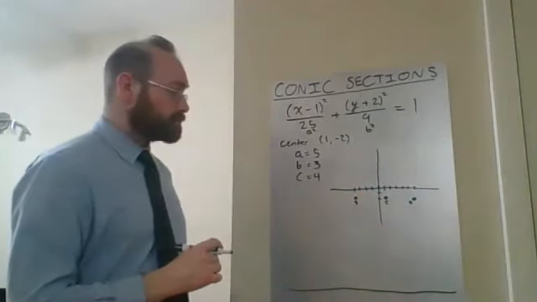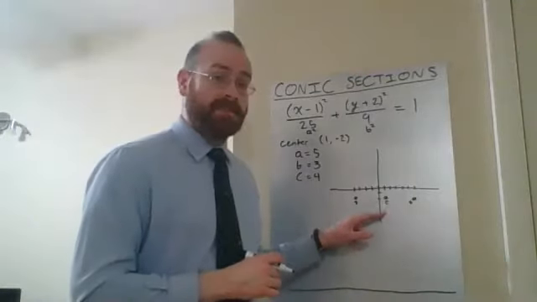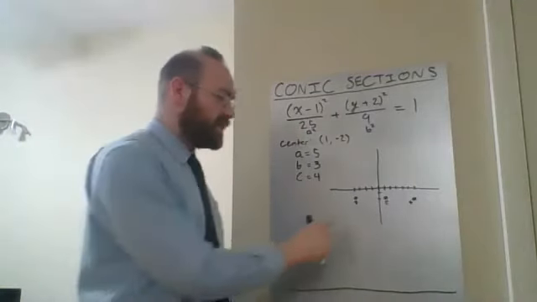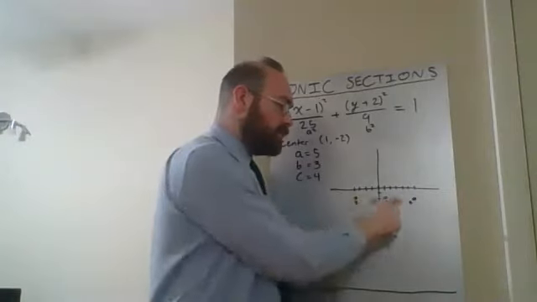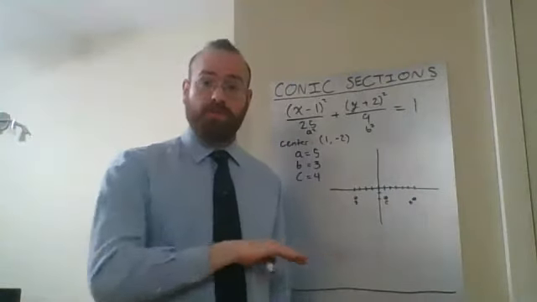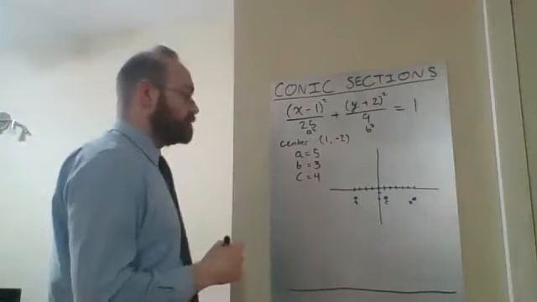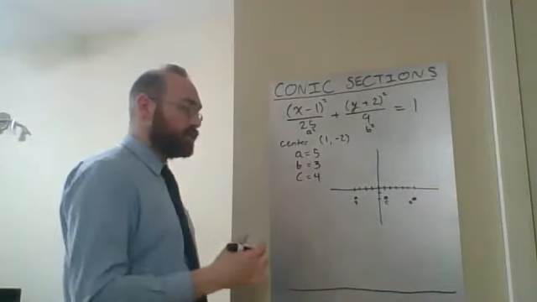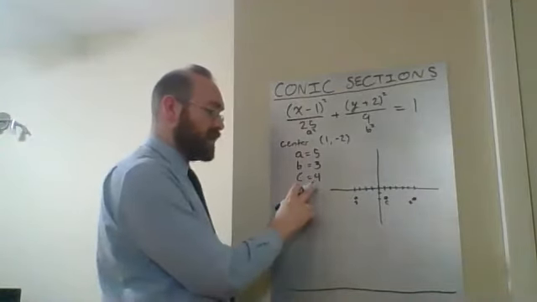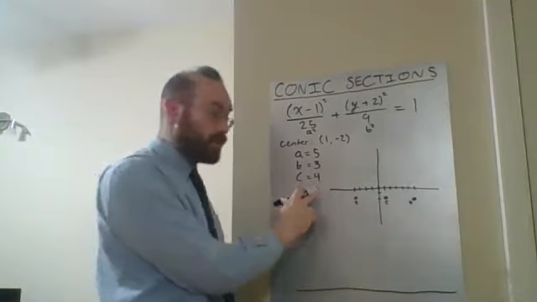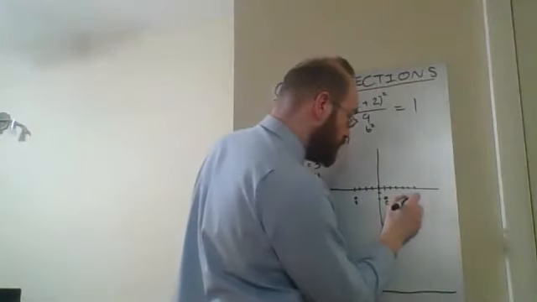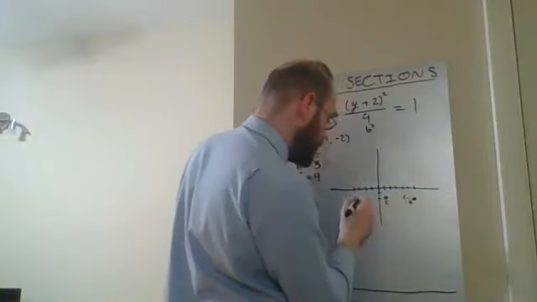So again, I'm counting from the center. So notice that the y value of these points did not change because we're just moving left and right. To show the foci, we're going to do the same thing, but with 4. So it'll be right here, that's one focus, and over here is the other focus.